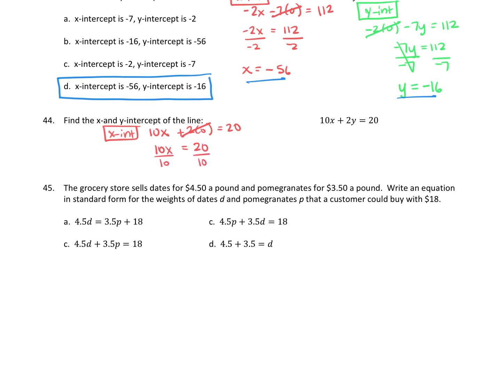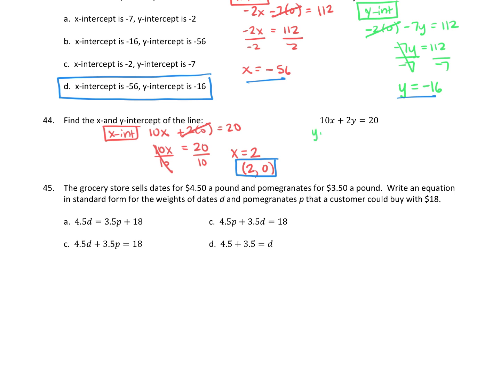Divide by 10, divide by 10. 10 divided by 10 is 1, leaving us with x equals 20 divided by 10, which is 2. So our x-intercept is 2. Sometimes I like to write that as an ordered pair because it is a point. The x was a 2 and the y was a 0, so it actually is the ordered pair (2, 0).